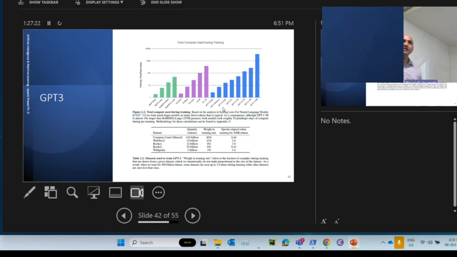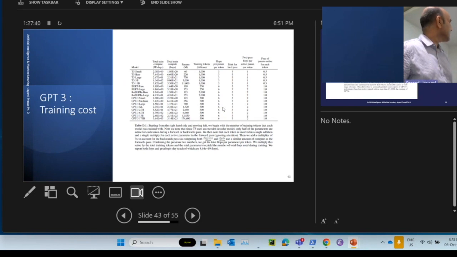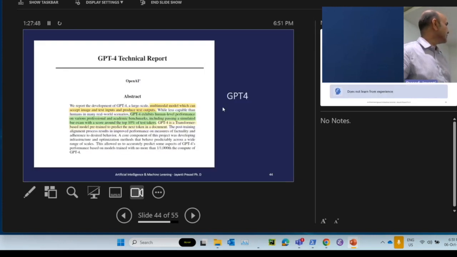So typically you can say that 1 gigahertz is like 1 gigaflop. Then it will go to teraflop and then petaflop and so on. So 200 teraflop is like a big cluster of thousands of processors. And these are many models. GPT training cost is also given there. So it needs a few millions of dollars to train it. Now finally came GPT-4.